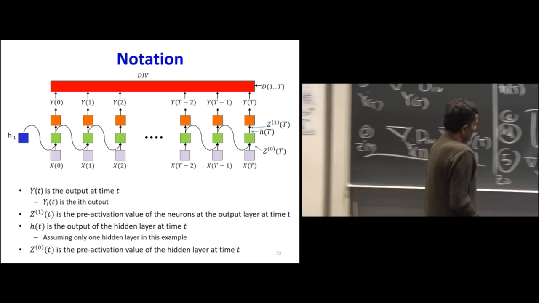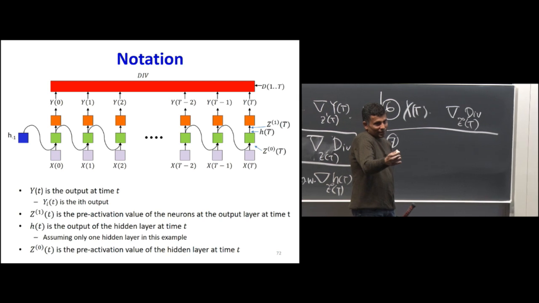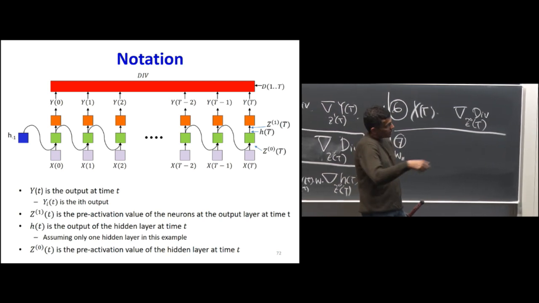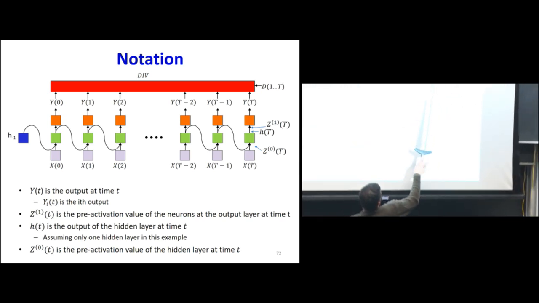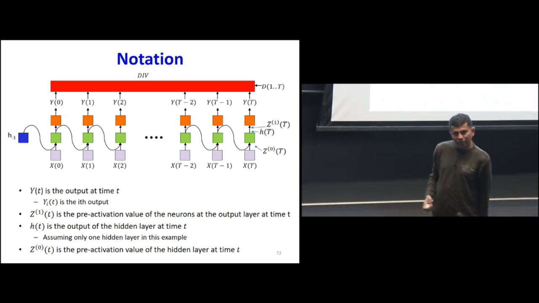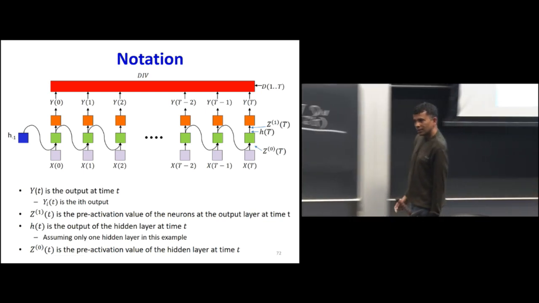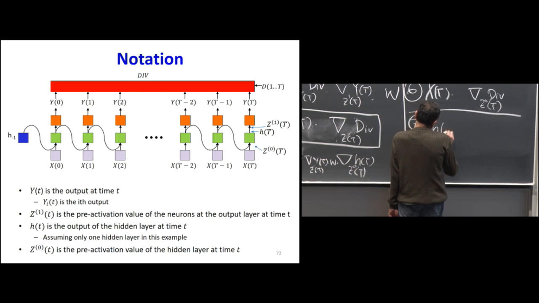Okay, the next one. The next term's yours, right? So who was the one who said it? Christine, what was that? What is the derivative with respect to the weights on this edge? The derivative of the divergence with respect to the weights on this edge. H of that edge. That's going to be h of t minus 1, right?